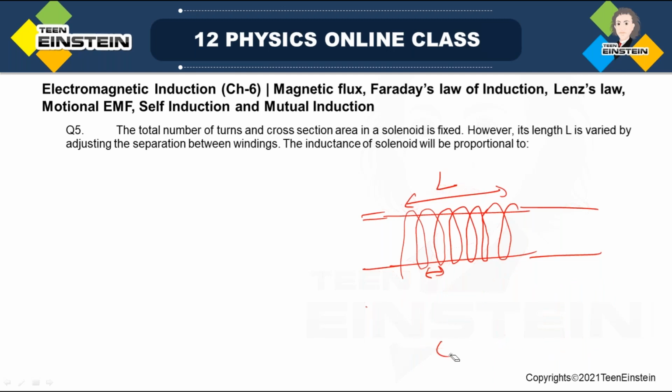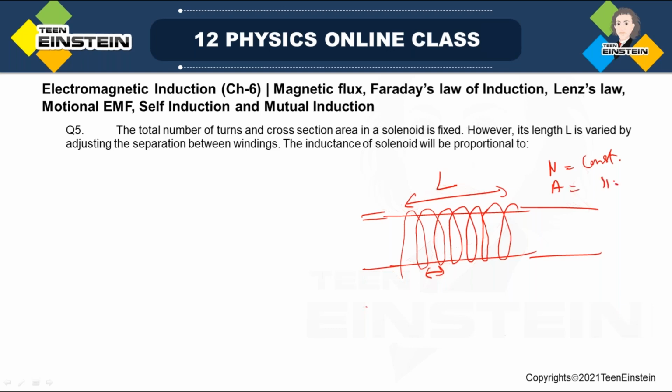Just by changing the separation between the windings, the L is varied, whereas the number of turns is constant, and the cross-sectional area is also constant. These are the things given.